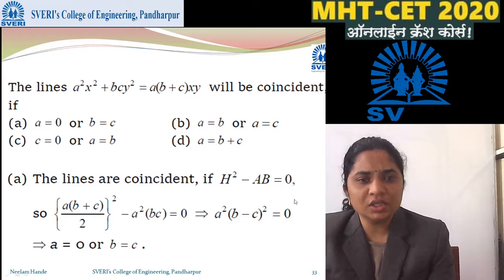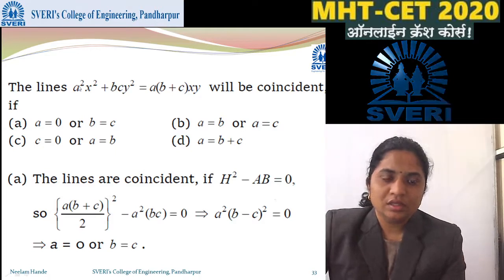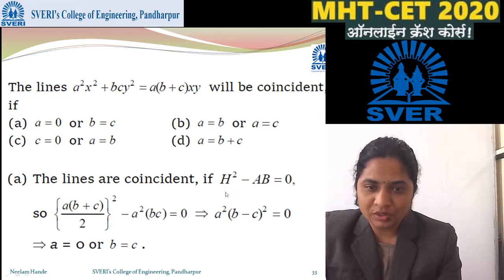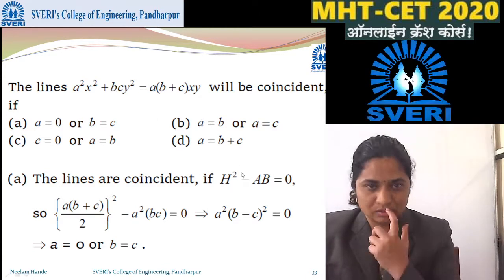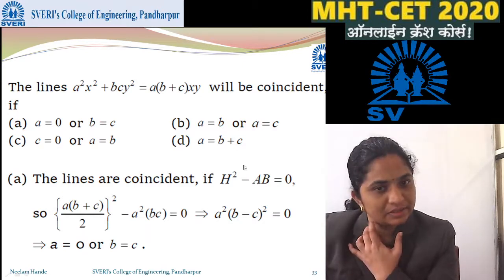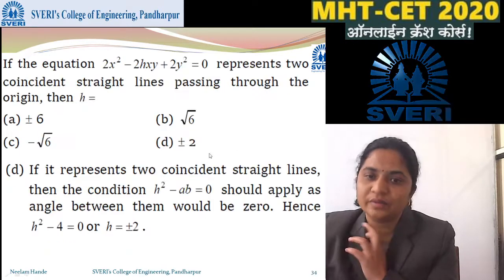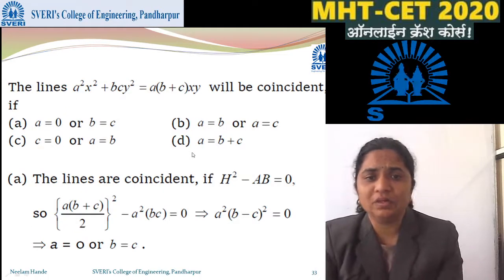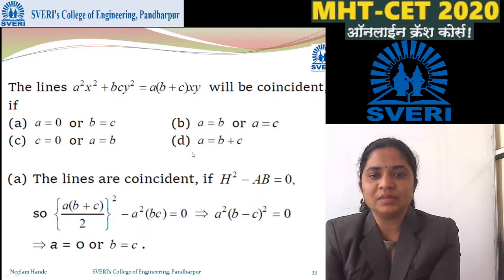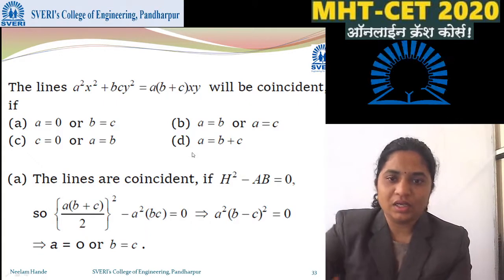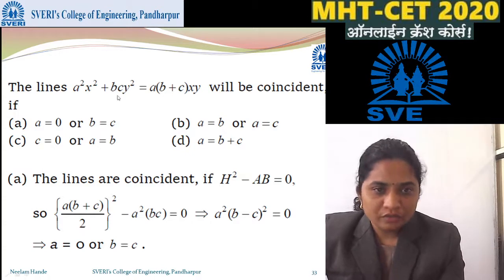So what are h and ab? In the form ax square plus by square plus 2hxy, that h, 2hxy, is the h. Here we denote it just by capitals because abc are used. So if h square is equal to ab, that is h square minus ab is equal to 0, then the lines are coincident.